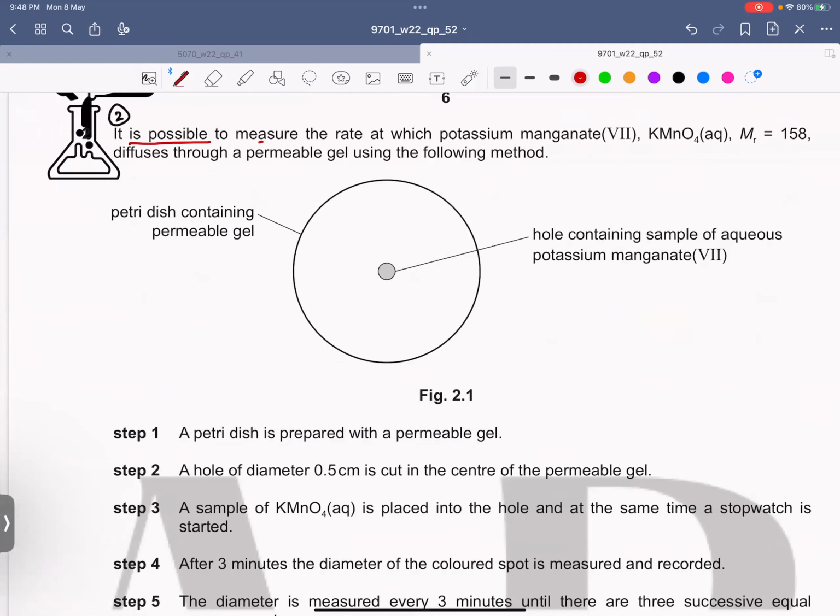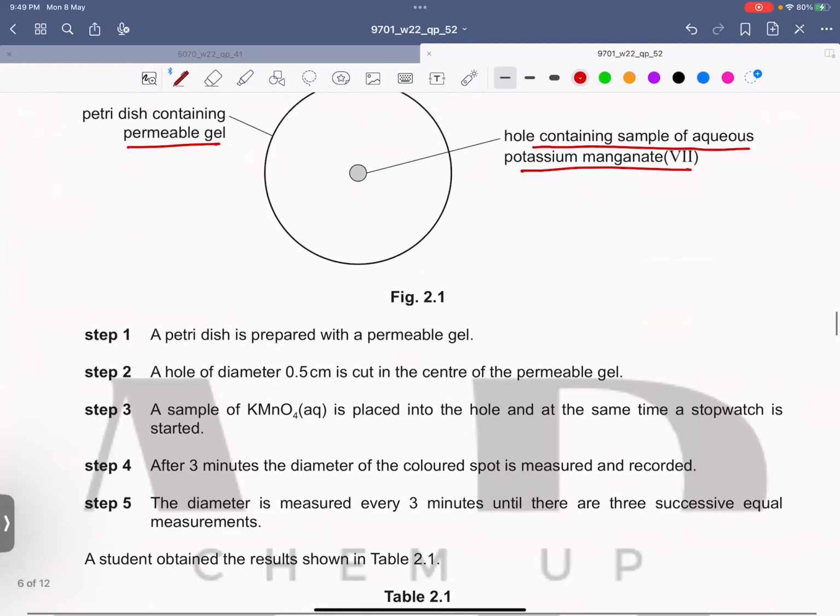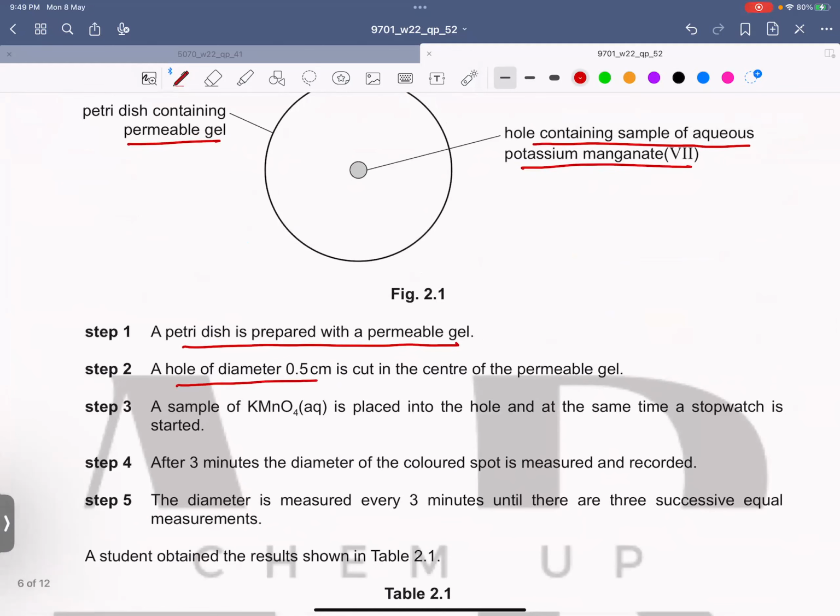It is possible to measure the rate at which potassium manganate, they have provided you the Mr, diffuses through a permeable gel using the following method. Here there is a petri dish containing a permeable gel, with a hole containing a sample of potassium manganate. The petri dish is prepared with a permeable gel, and a hole of diameter 0.5 centimeter is kept in the center of the permeable gel.